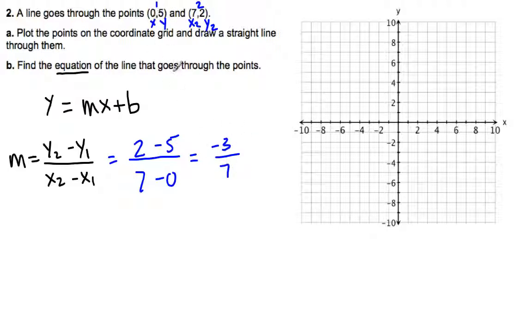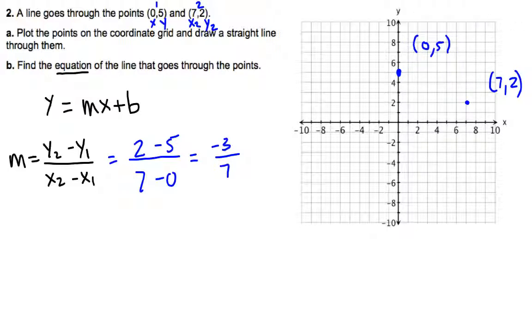Now let's plot these points out, and I think that'll be helpful. We have 0, 5, this is our first point, and we have 7, 2. I'm going to move this right here.